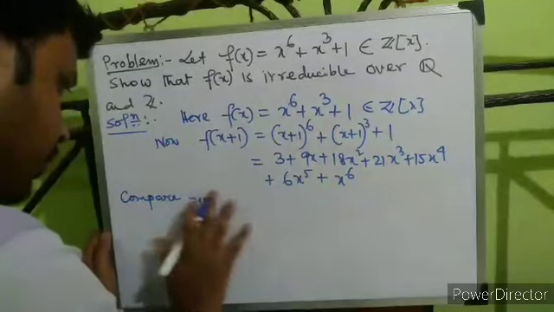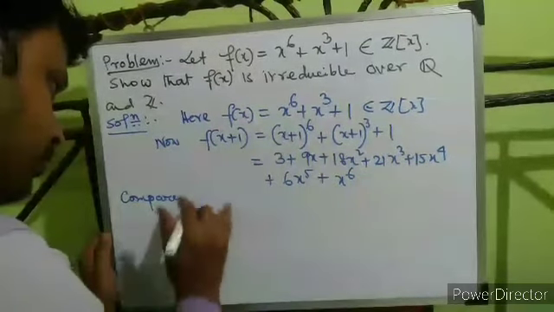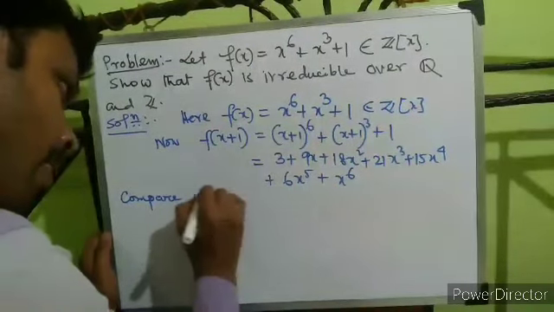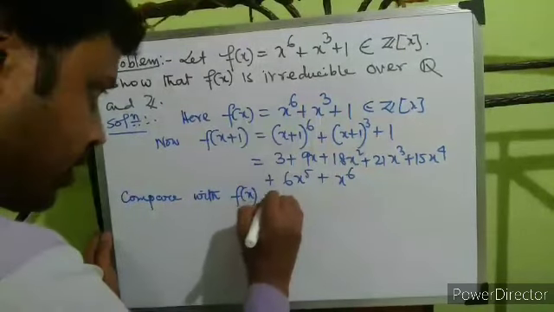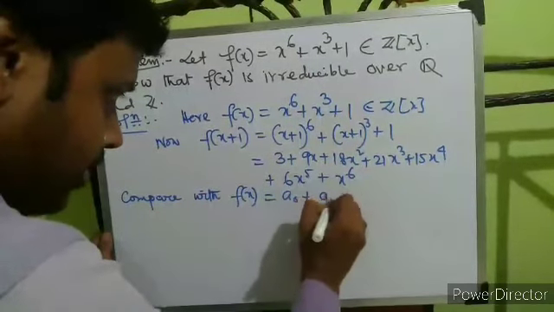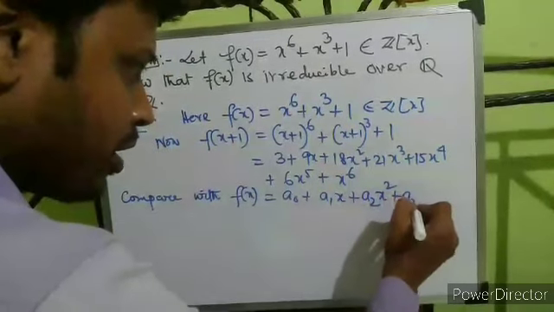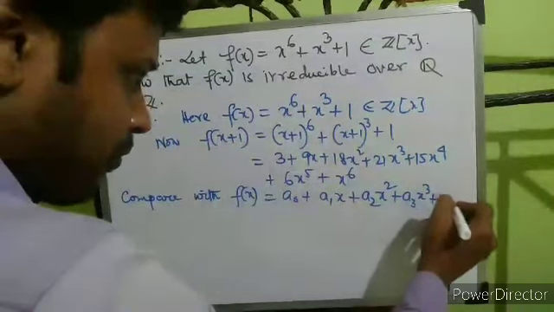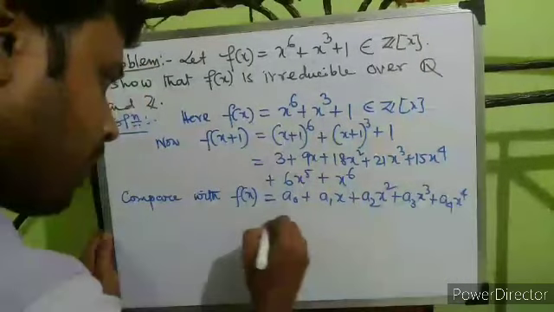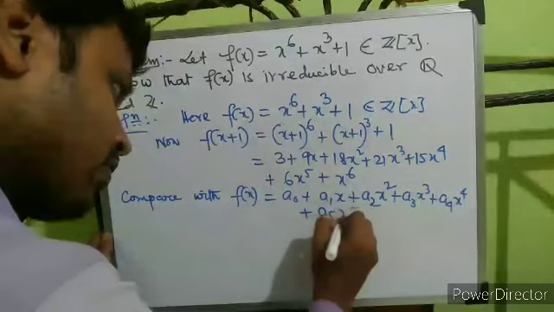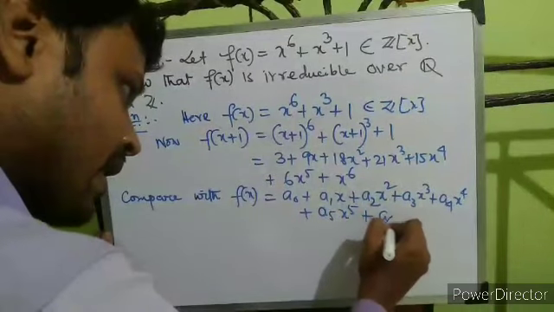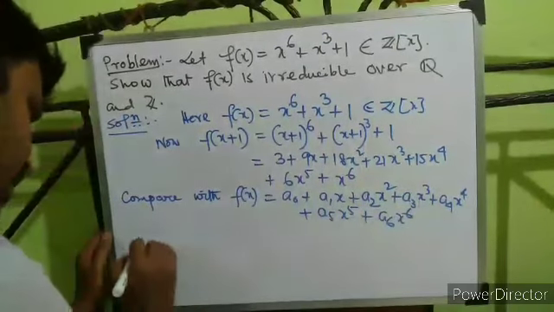Compare with f(x) is equal to a0 plus a1x plus a2x square plus a3x cube plus a4x to the power 4 plus a5x to the power 5 plus a6x to the power 6.